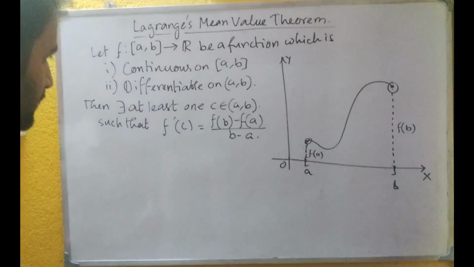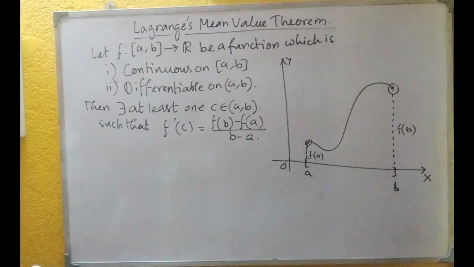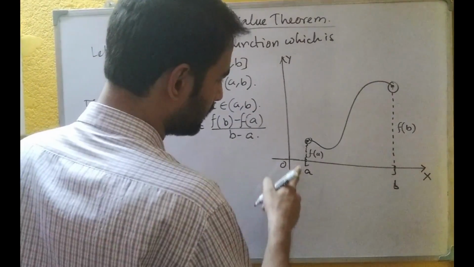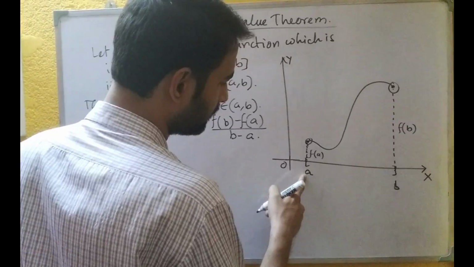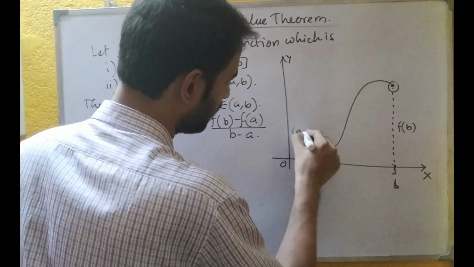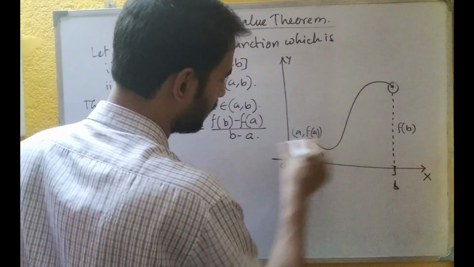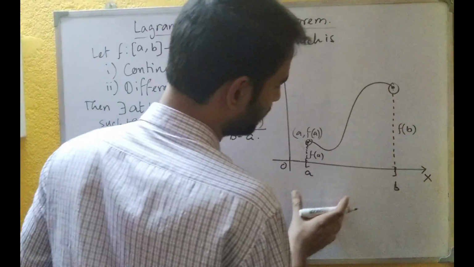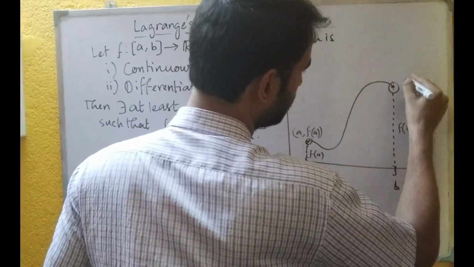So first of all, let us see what are the coordinates of these endpoints of this curve. See here, the x coordinate is A and the y coordinate is f(a). So we can write this one as (a, f(a)). And similarly, for this point, the x coordinate is B, the y coordinate is f(b).